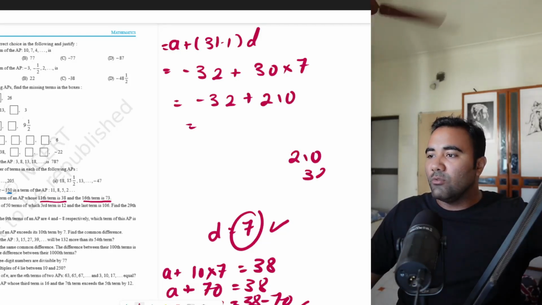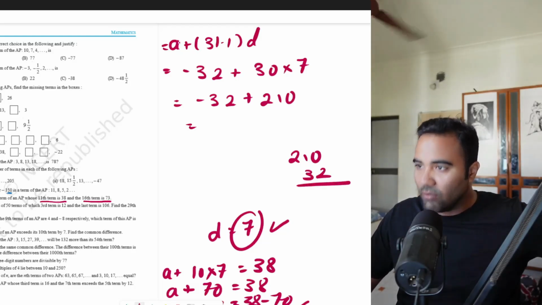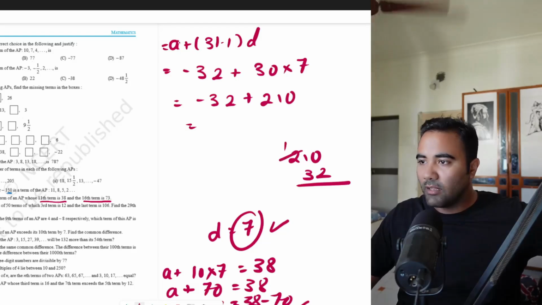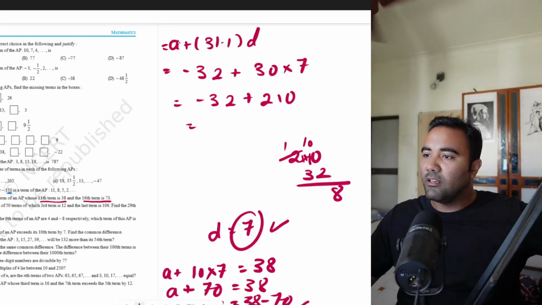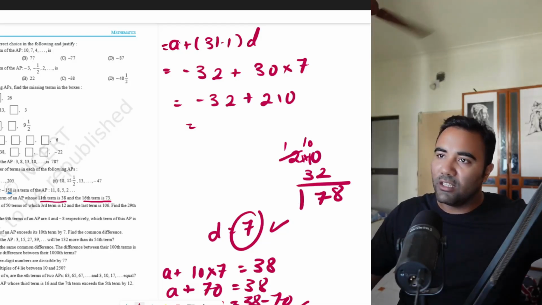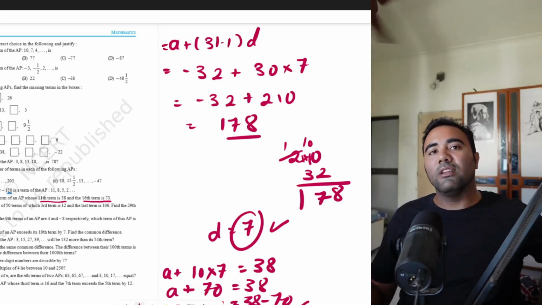You can never be too sure with these calculations, so always verify. Never be too confident with math. Math has a funny way of humbling you. So 178 is the 31st term in the AP.